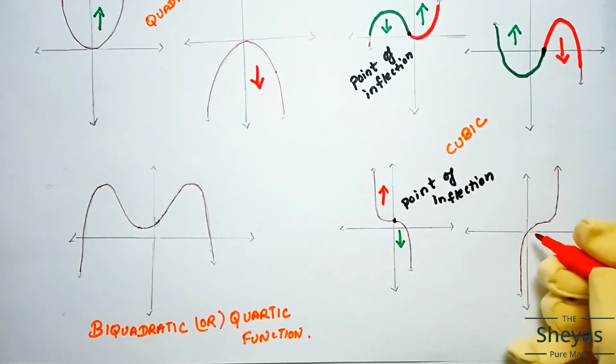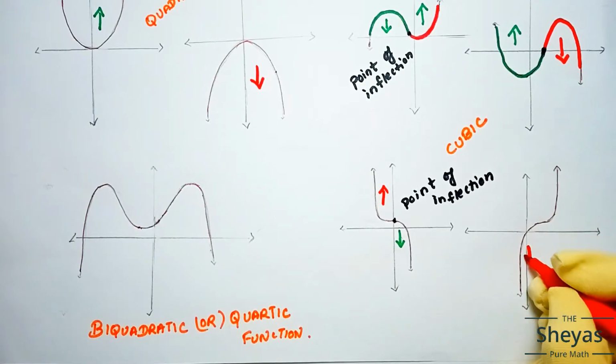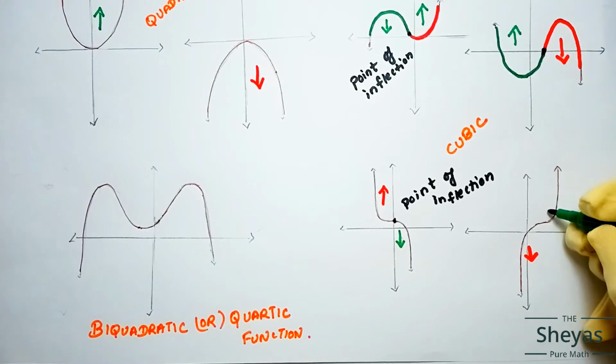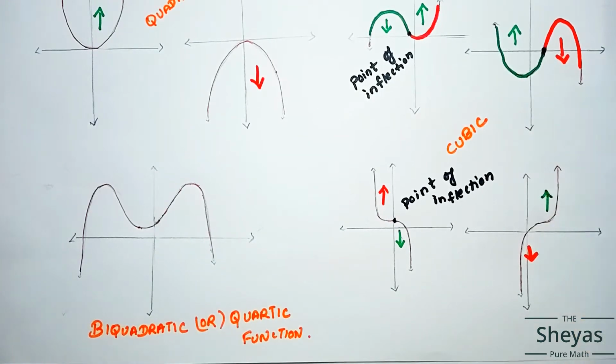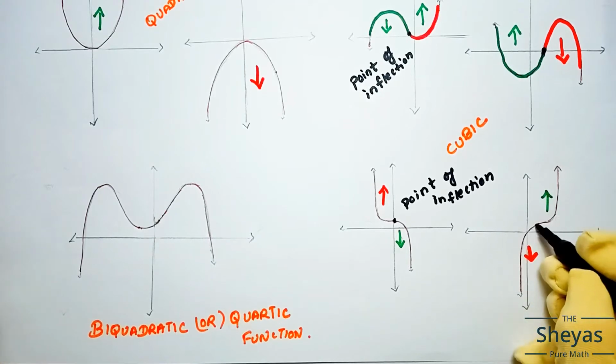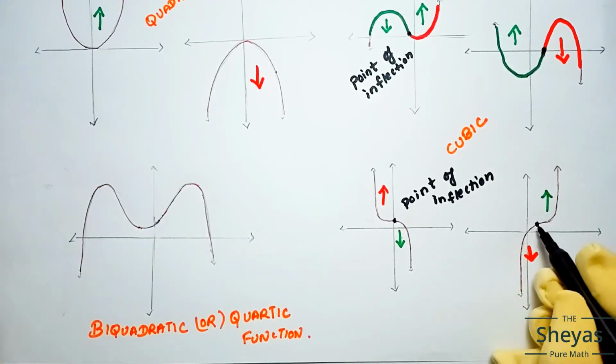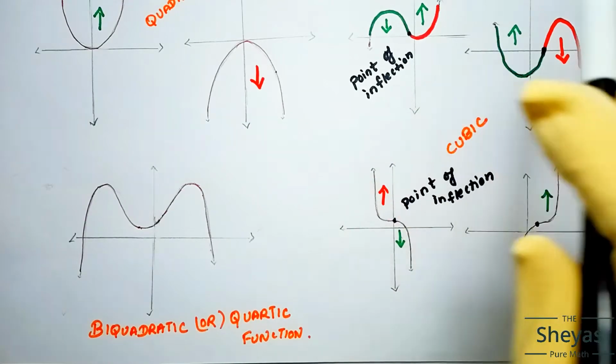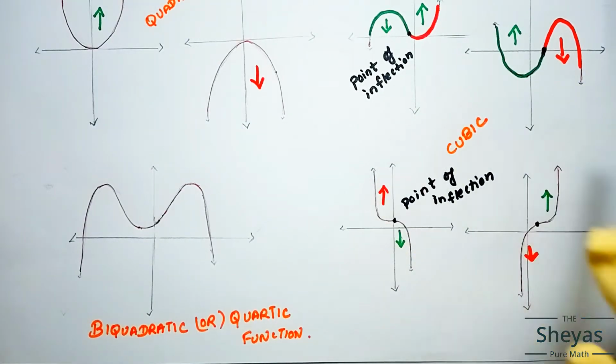Again in this, this is downwards and here it is upwards, concave upwards. And this change of direction at this point we call the point of inflection. So in a quadratic graph we don't have a point of inflection and in a cubic graph these are the points of inflection.